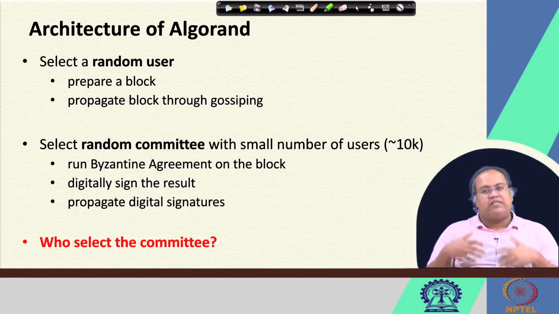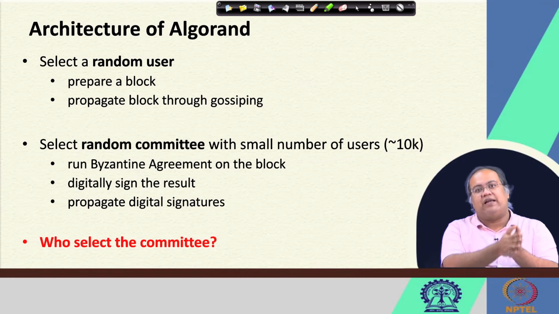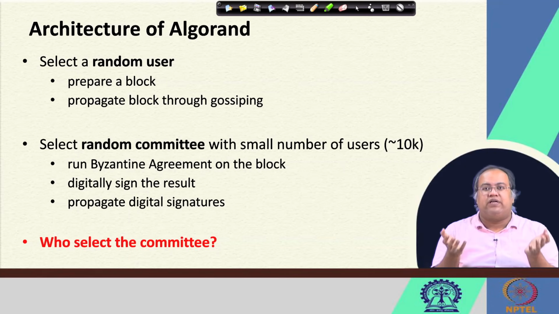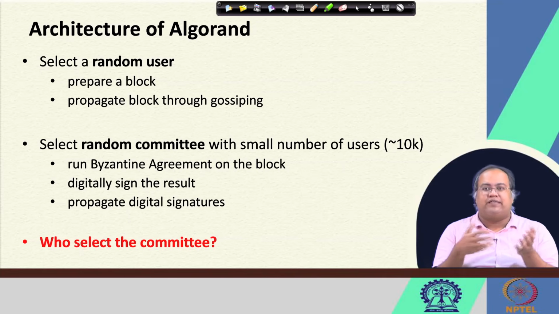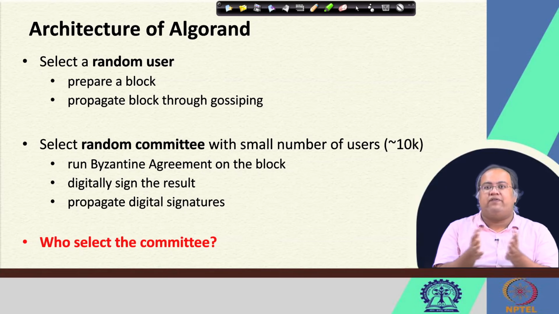That way, if you participate as an attacker, you have a fairly low chance to be a part of either that random user or that random committee, because your inherent assumption is that you have millions of users participating in the consensus procedure, and when you have millions of users, as an attacker your probability to get selected is 1 by million. As you understand, it is very low.